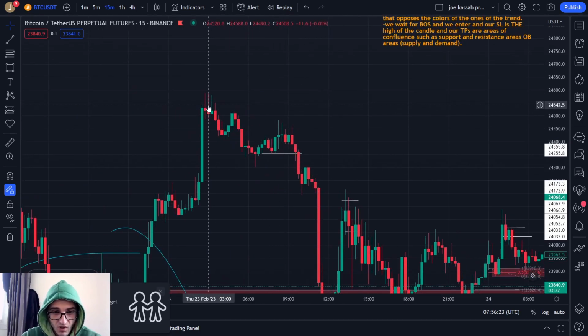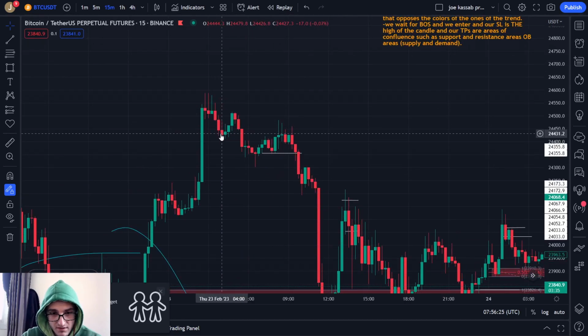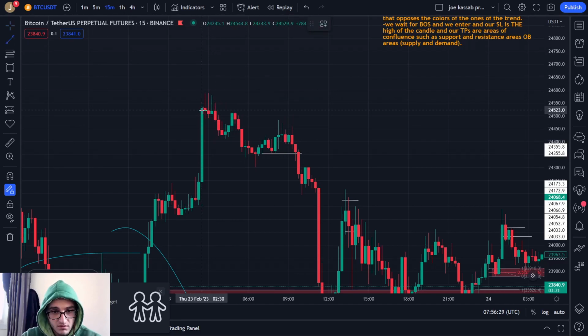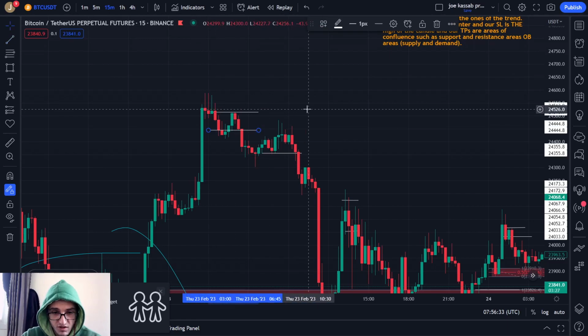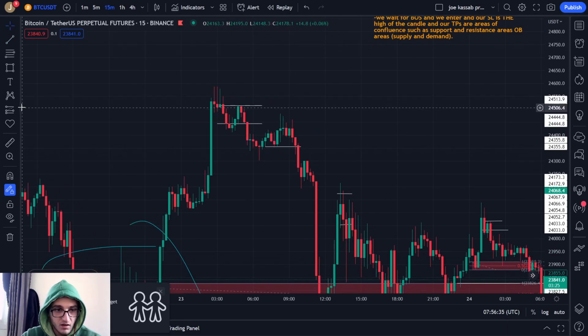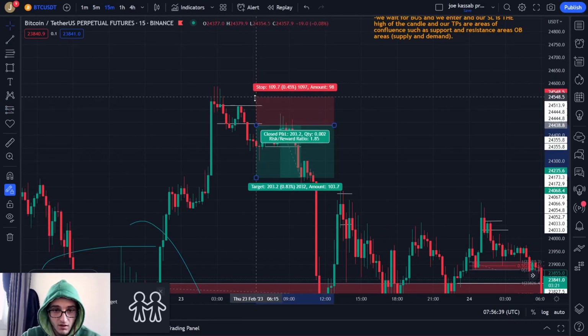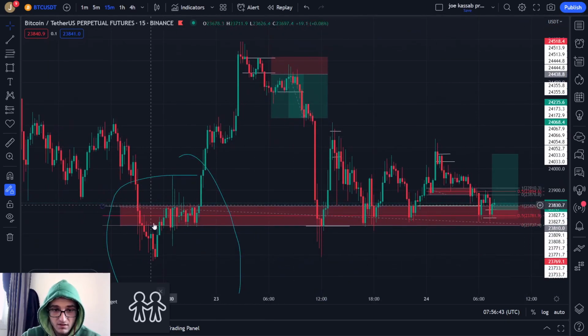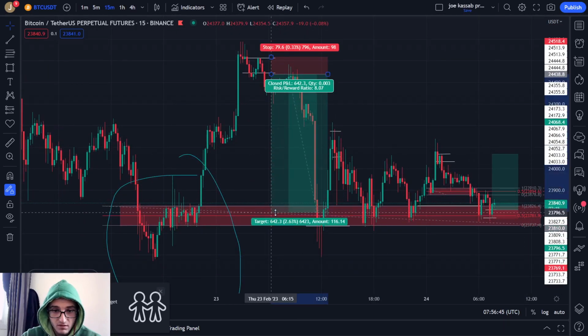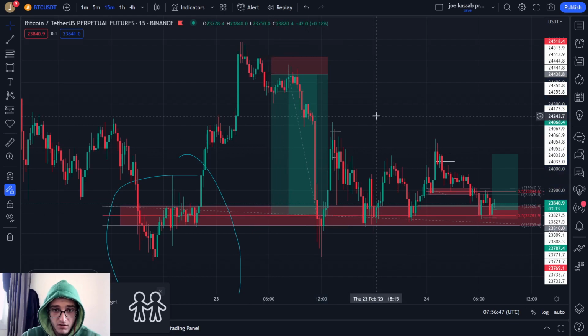So we have here, okay, this area going down, we have this bullish candle gets taken out, so we could have entered here. Okay, our stop loss is here, and our TP is the area of confluence right down here.